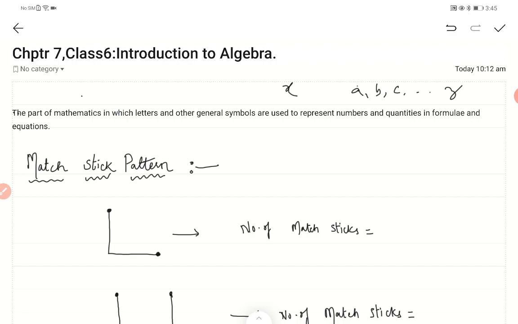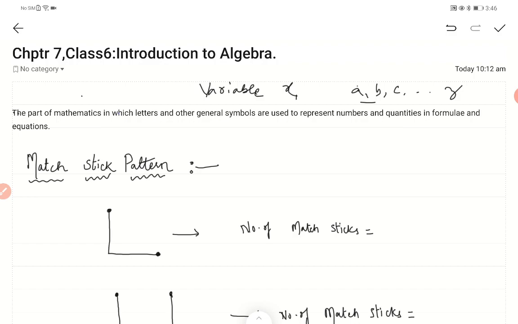So algebra is used in geometry, in arithmetic, and in all these things together. It is a branch of mathematics which mainly uses letters A, B, C and so on, and you call these letters variables. We are going to study more about it further.